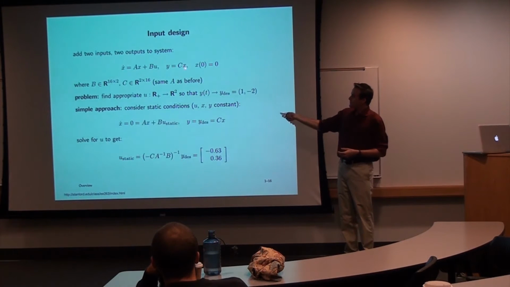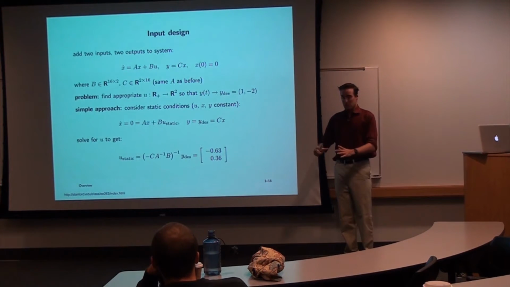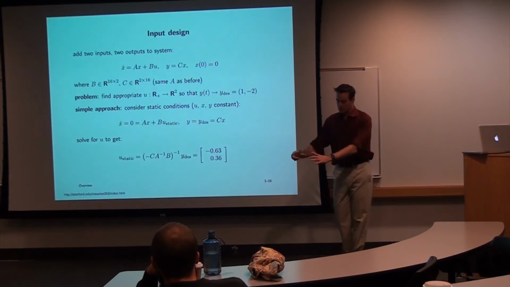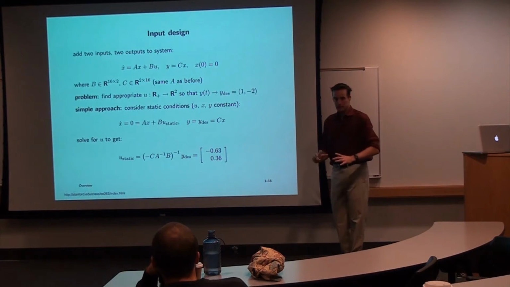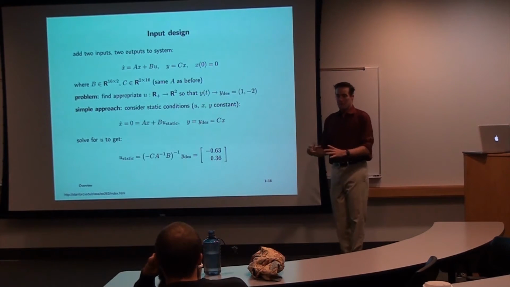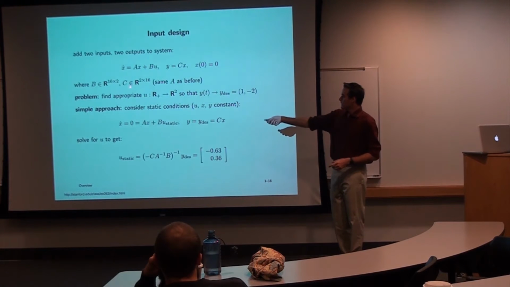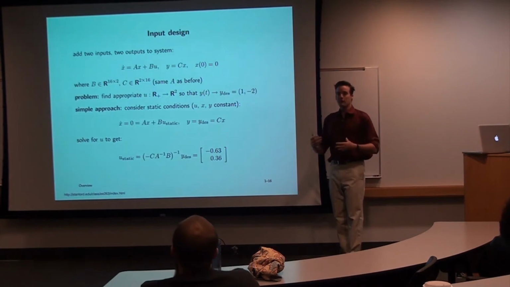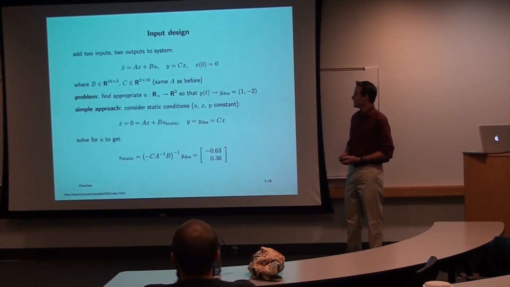This is a model for a positioning table, like on a microscope or a computer-controlled 3D printer. The position of the table has some coordinates, x and y, and there are motor torques that move the table around, these two inputs u, and there are 16 states of the system that are under the hood, governing the evolution of the table.